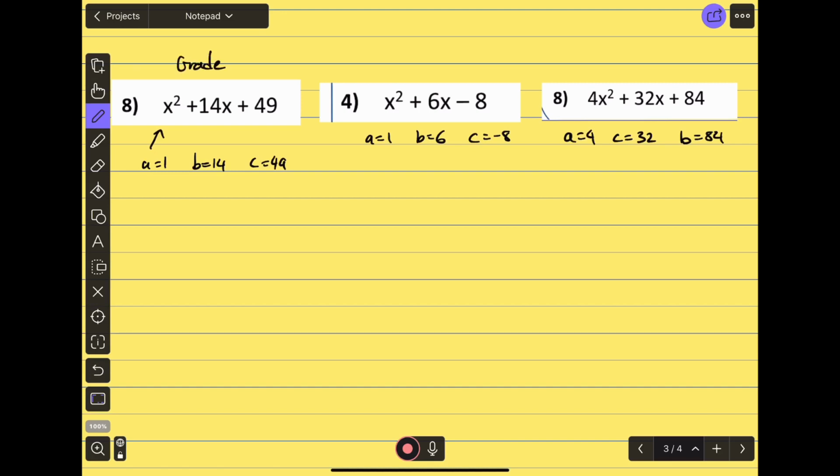The first two questions I would say are grade 6 to 7 questions, and the last question is a grade 8 question, possibly 9, depending on how hard the numbers they're giving you.